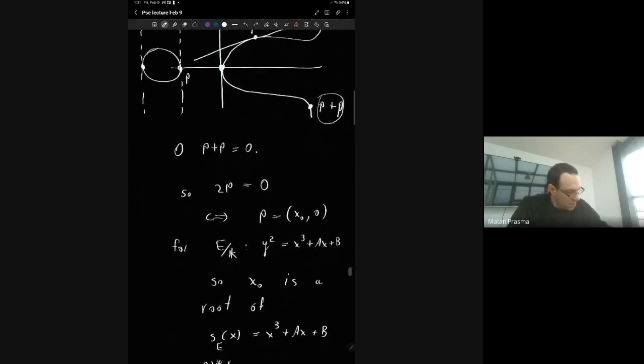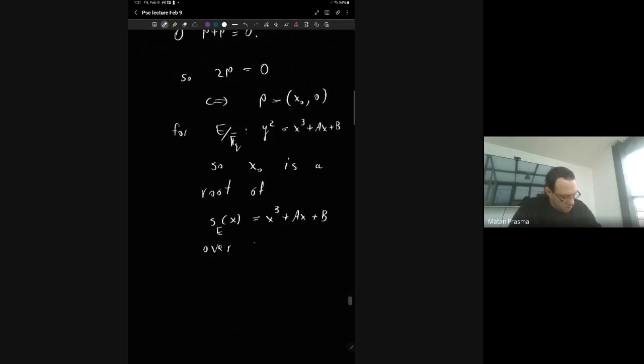So the points of order 2 must be of the form (x0, 0), where x0 is a root of this polynomial over Fq bar. And we know that over Fq bar, this polynomial S has exactly 3 roots.